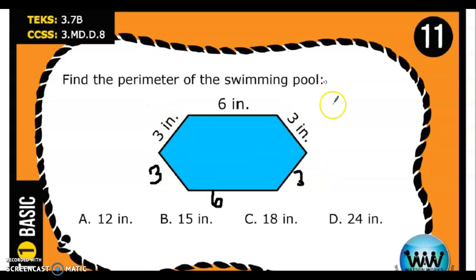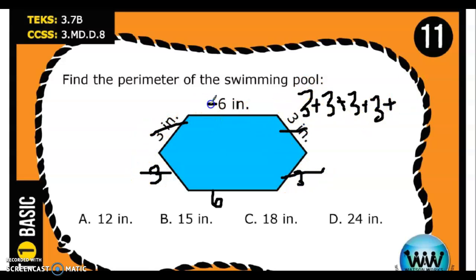We add up all of our sides. I'm going to add 3 plus 3 plus 3 plus 3, and then I'm going to do 6 plus 6. So I added 3 plus 3 plus 3 plus 3 plus 6 plus 6. Okay, 3 plus 3 is?